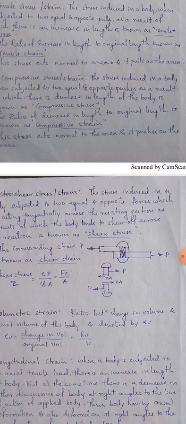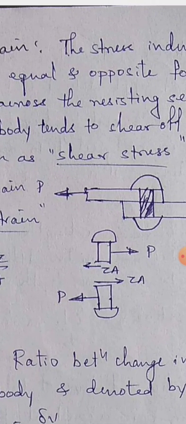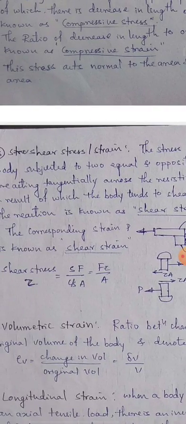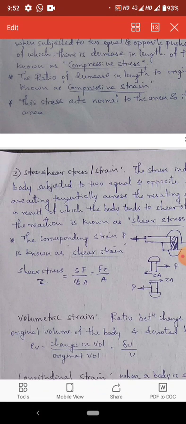The nut is cut into two pieces with a shear force F equal to tau into A. This shear moves in opposite directions. Therefore, the shear stress is denoted by tau, shear force Fs divided by cross-section area.